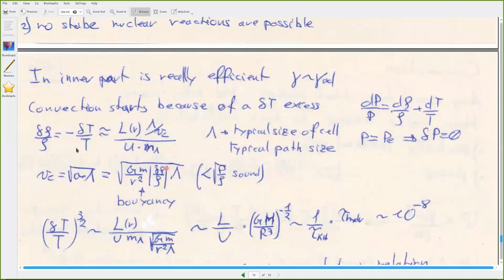If you do a calculation, we can consider that everything starts because of an excess of temperature, considering this relation for the small part, and that the pressure maintains the same, so delta P is 0, so we have just one relation here. We have the delta rho, so rho is equal to this one. We introduce this value for the delta temperature.